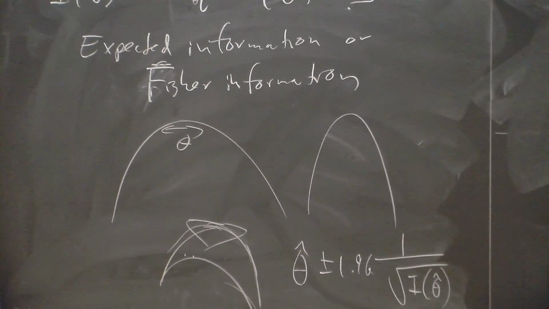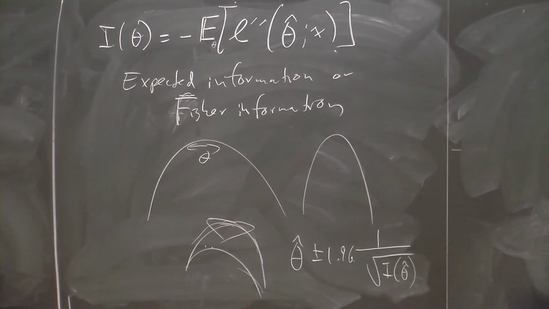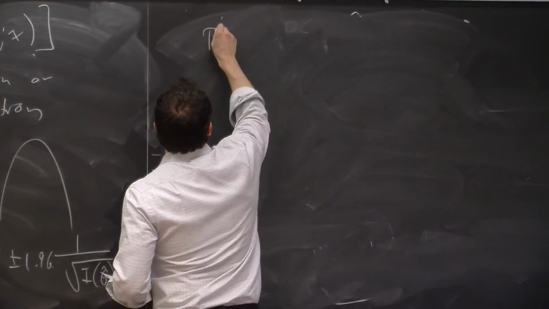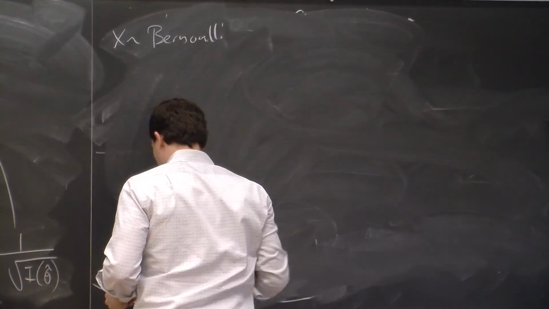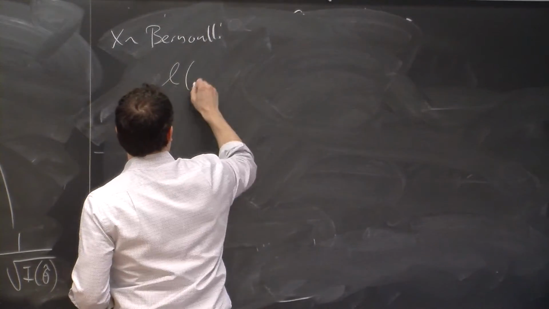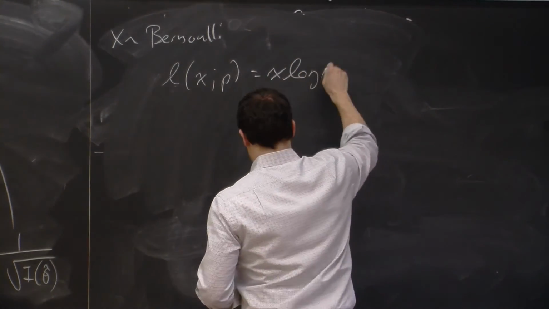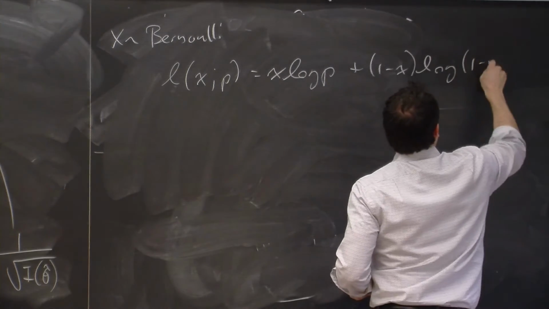So let's just go through an explicit example, in a little bit more detail, of constructing this for a Bernoulli. X is Bernoulli, our likelihood is x log p plus (1 minus x) log (1 minus p).